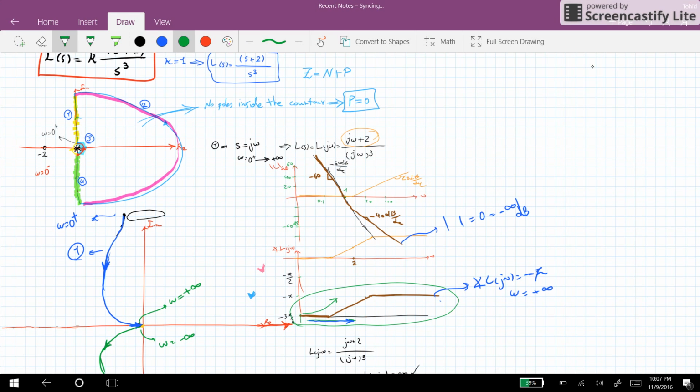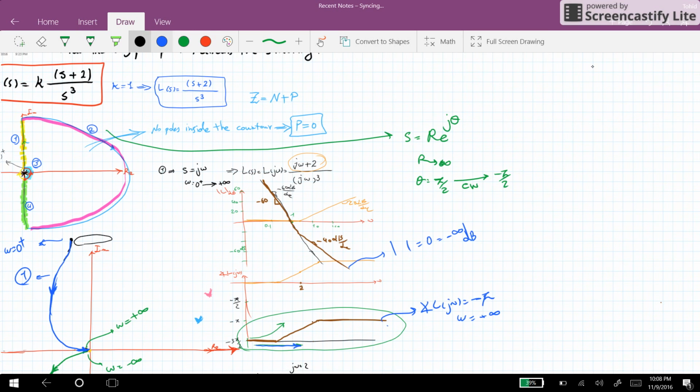In the second segment here, we have S equal to R e to the j theta, where R goes towards infinity and theta goes from pi over 2 to minus pi over 2 in a clockwise manner. So we will have L of S equal to R e to the j theta plus 2 over R e to the j theta to the power of 3.